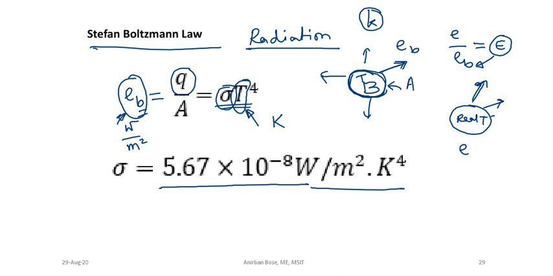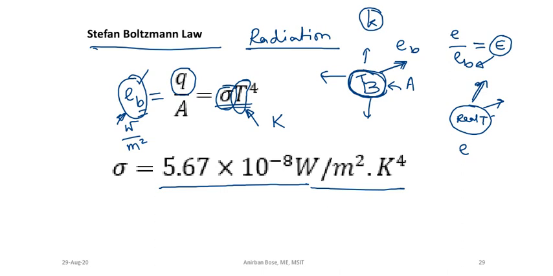So this is the Stefan-Boltzmann law. It gives you how much black body radiation flux is emitted from a black body at a temperature T. You can calculate that if you know the temperature of that body.